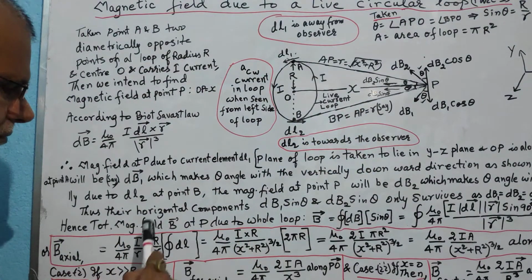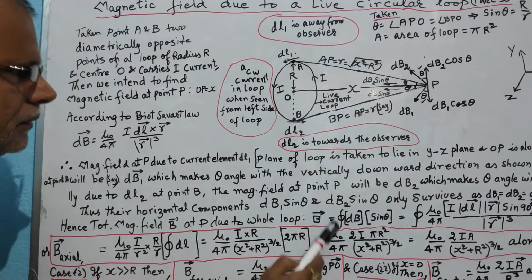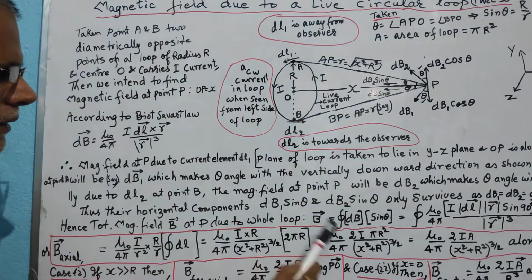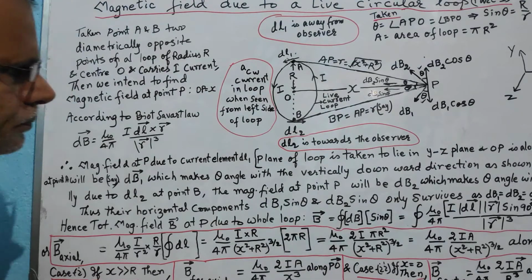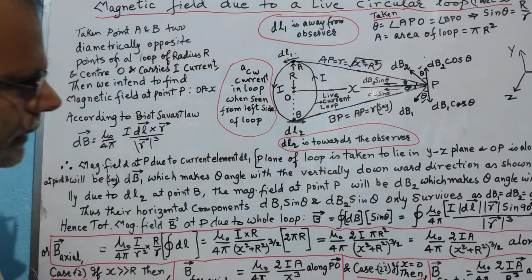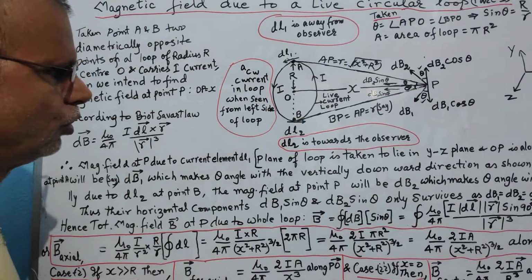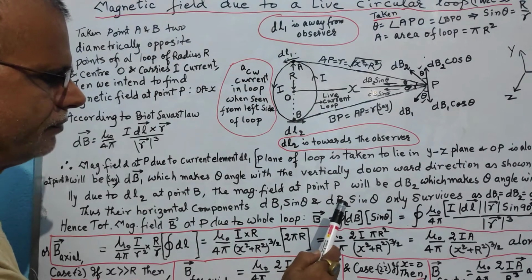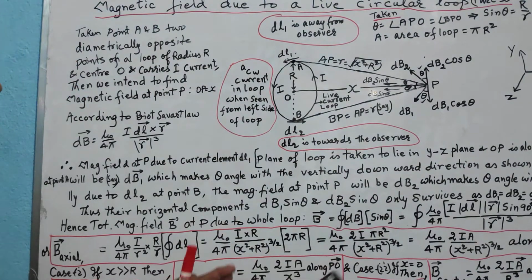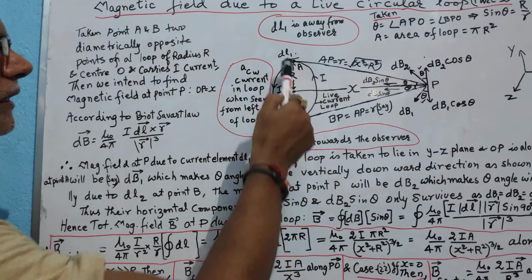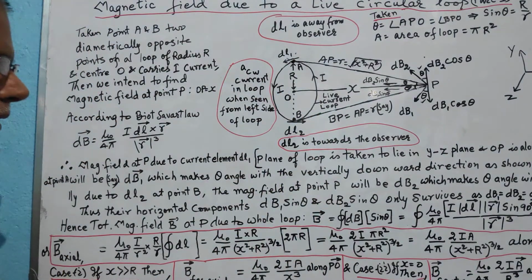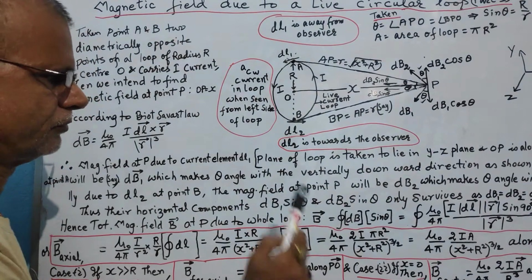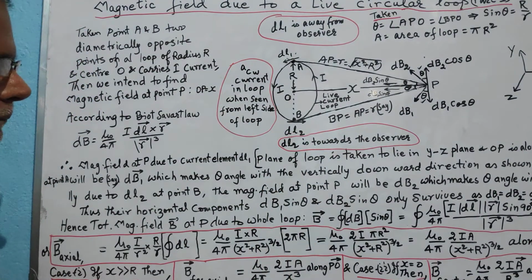So the magnetic field at the axial point P is equal to the integral of dB sin theta over the whole loop, and this symbol indicates integration for the whole loop. Because only dB sin theta for each current element survives, we can integrate it and get the total magnetic field.